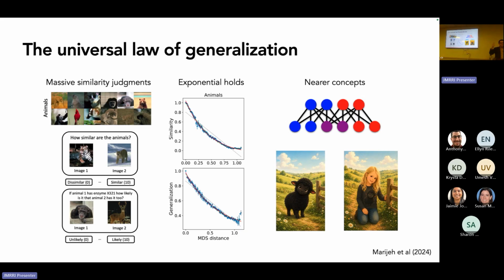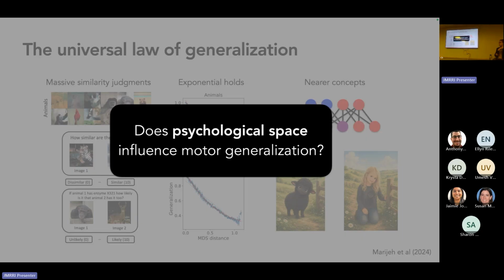And so the underlying question of all of this is: is there some kind of psychological space that influences motor generalization? If it's those lyrics in the song, does that constrain whether or not I want to generalize across this? Okay. And so we set out to test this.